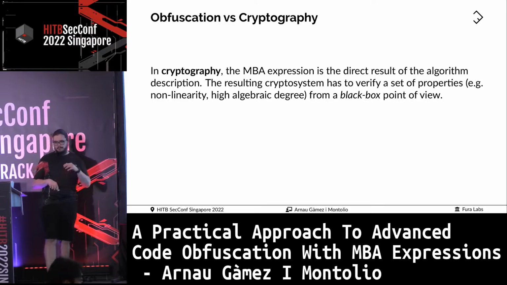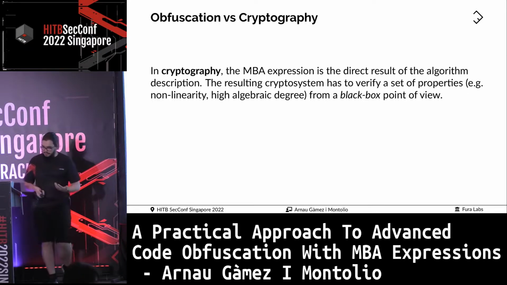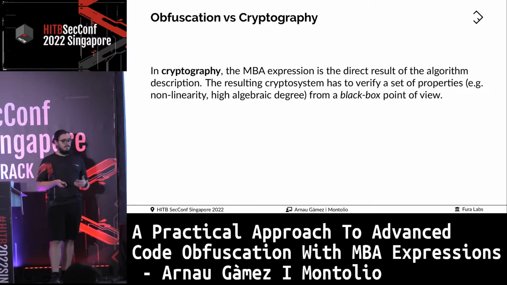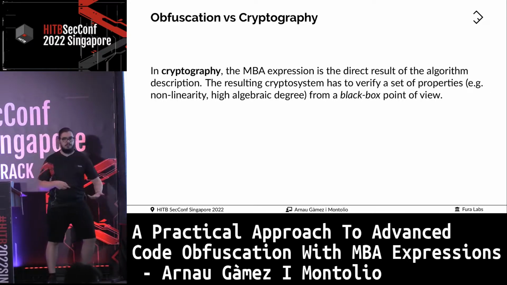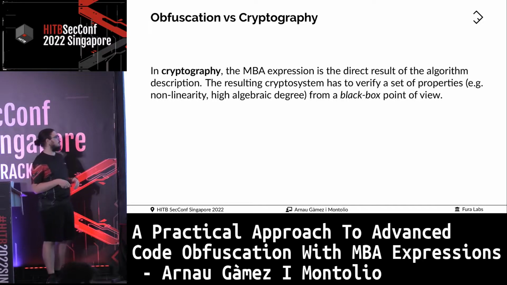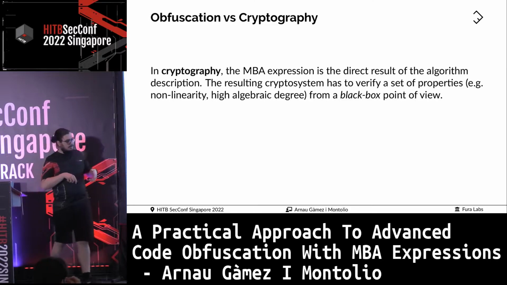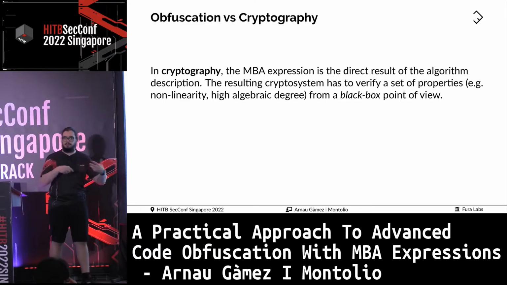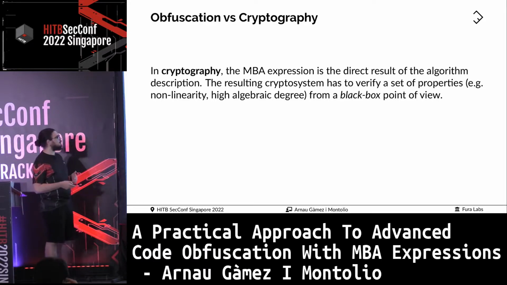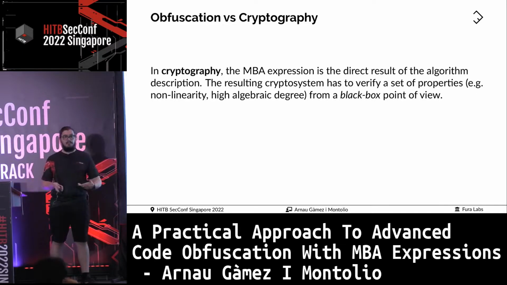But going to the actual difference between cryptography and obfuscation with the use of this kind of expressions, this mixing of operators, we would say that in cryptography, the MBA expressions that result from the application of the crypto system description, or from the hashing algorithm, are intended to be hard and complex from a semantic point of view, from a black box point of view, from the point of view of throwing some inputs and taking a look at the outputs.